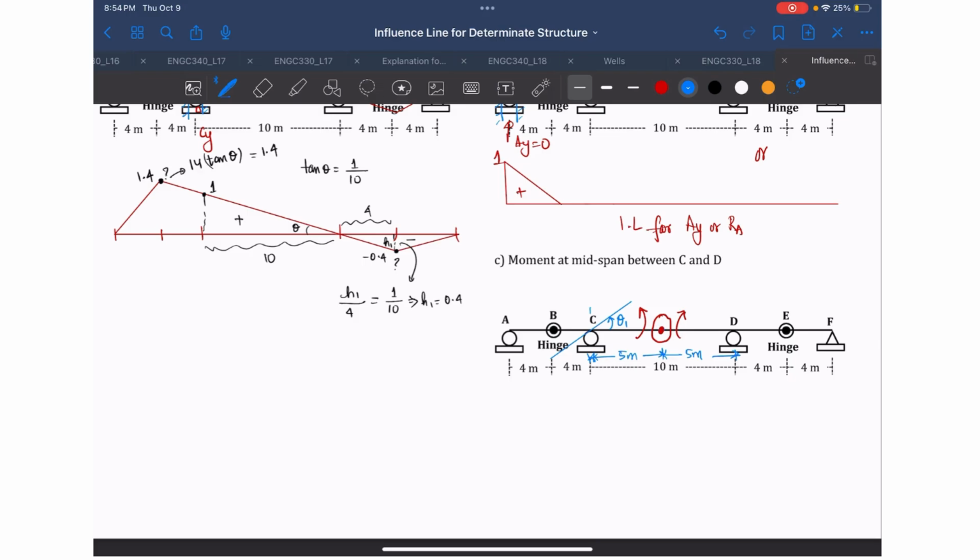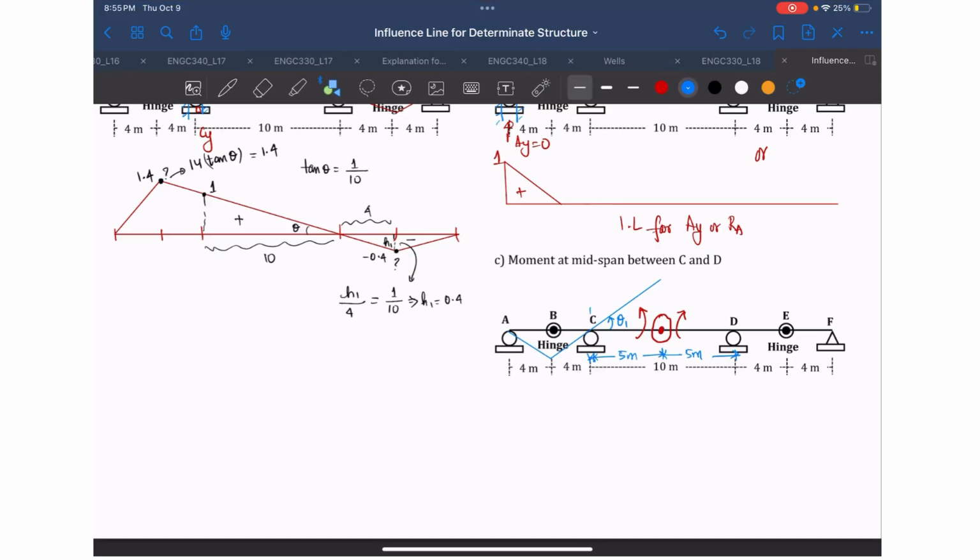Sorry, this beam will rotate counterclockwise, and you'll see that this is possible. Why? Because this is an internal hinge, it can move up or down and can rotate, and we did not remove the support, and all the deflections are straight lines. So that means that is possible.